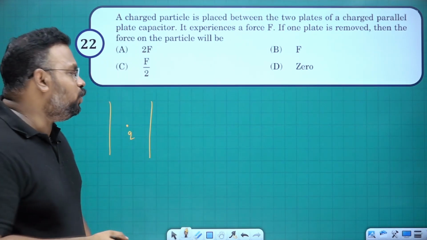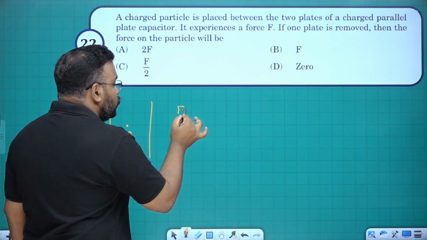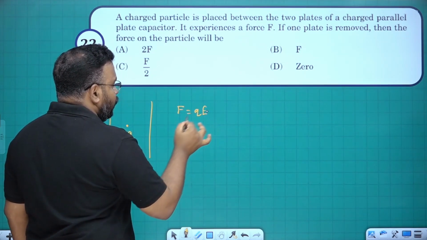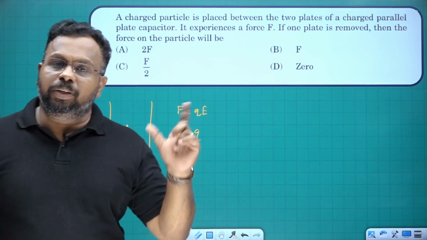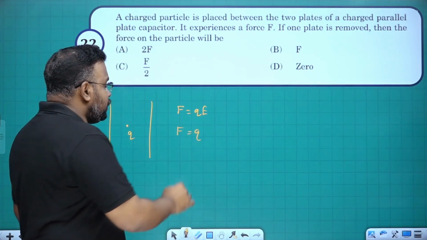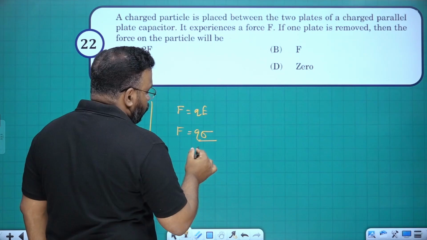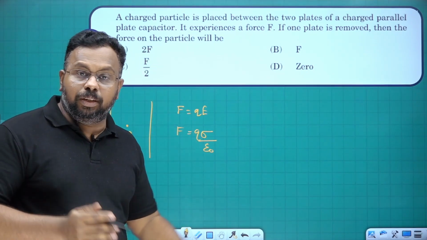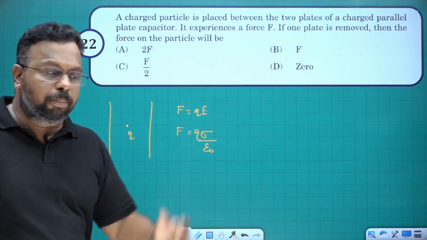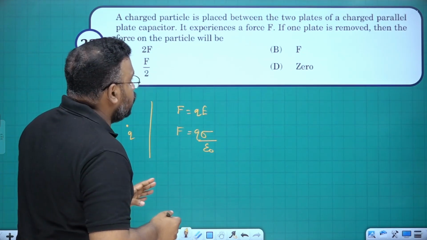See, you know that we have a formula for the force. F is equal to QE. F is equal to Q into, what is the electric field in between the plates of a capacitor formula? It is sigma by epsilon naught, isn't it? So this is a force when we are keeping a charge in between the plates of a capacitor. Yes or no?